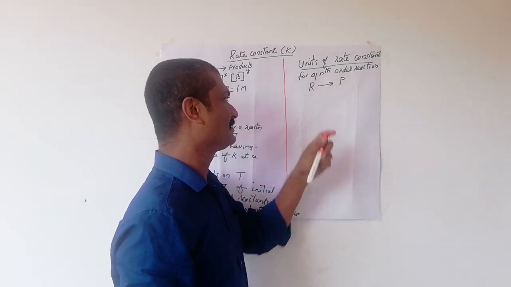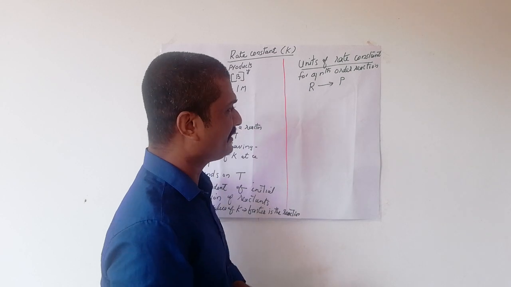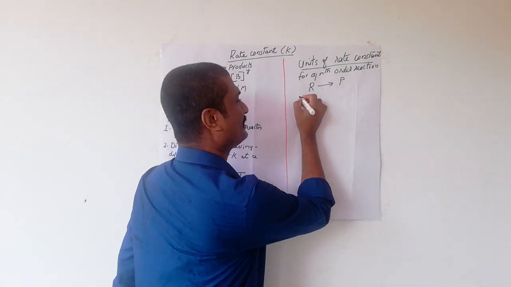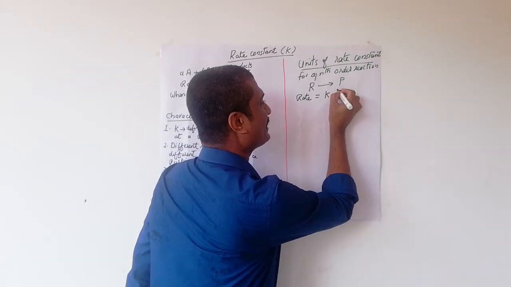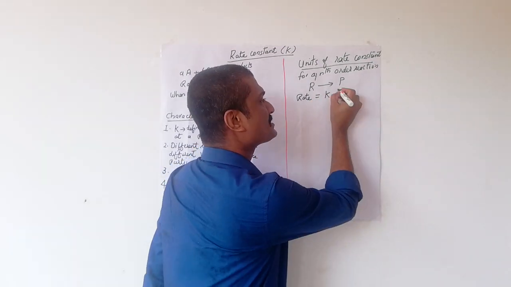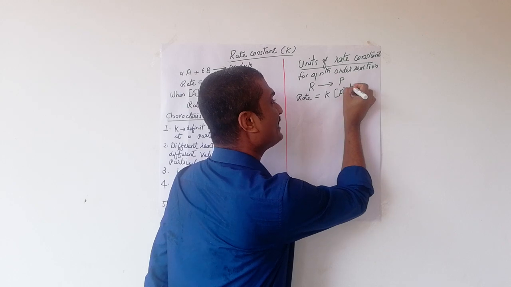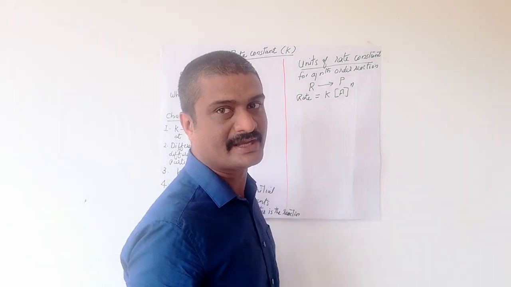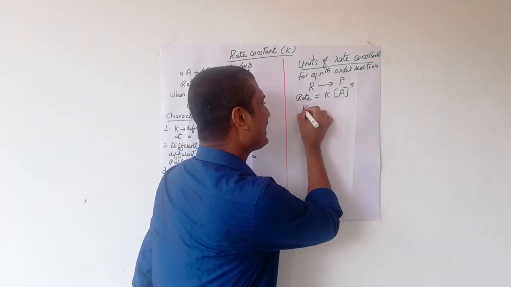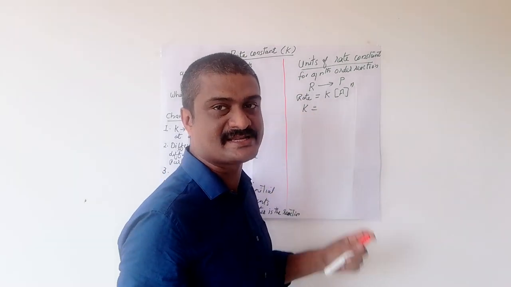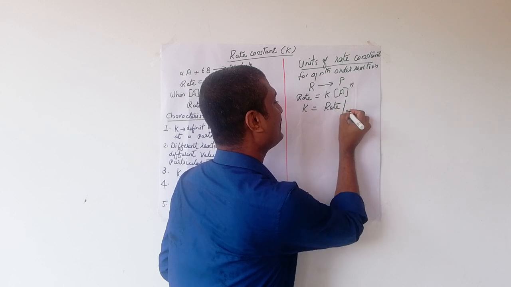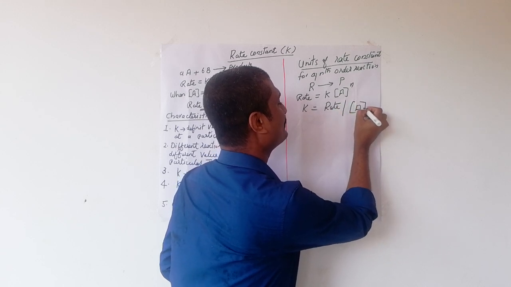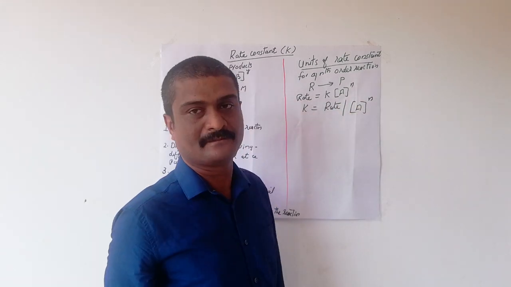For this nth order reaction, the rate law is rate is equal to K into the molar concentration of the reactant raised to n. Then the value of K is equal to rate divided by the molar concentration of the reactant raised to n.